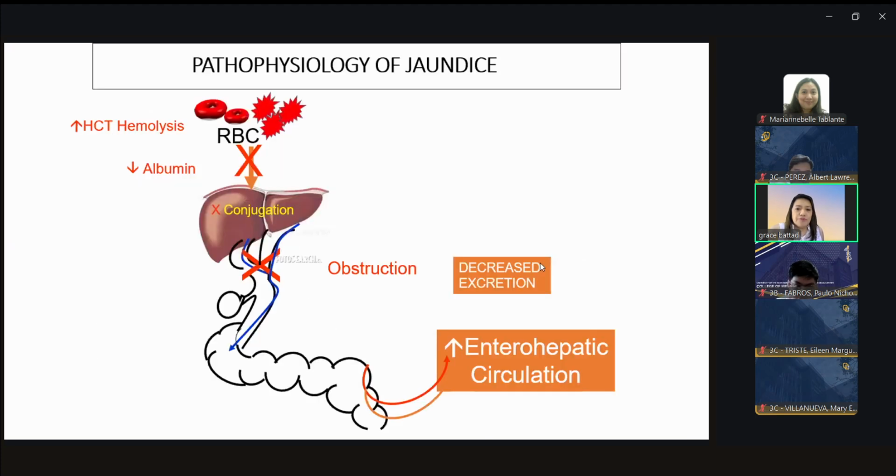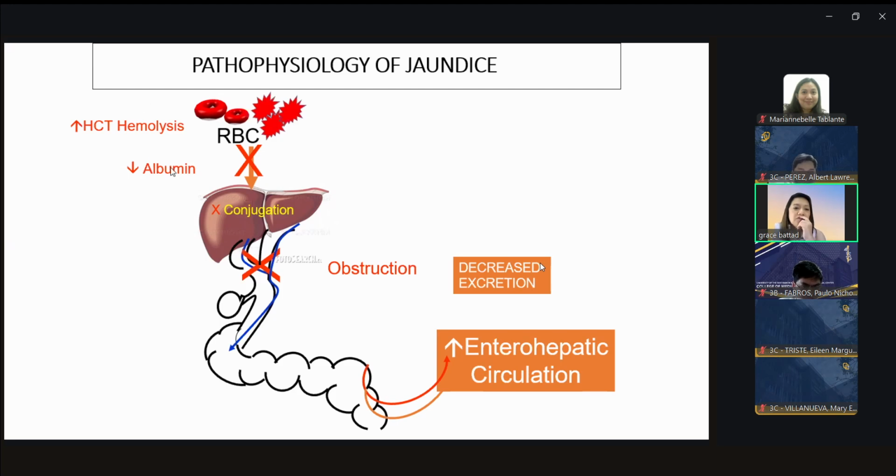So this is your bilirubin pathway, or the pathophysiology of jaundice. Here we already talked about the RBC problems where you have increased hemolysis. When you have hemolysis, your hemoglobin would give you biliverdin converted to bilirubin 1.